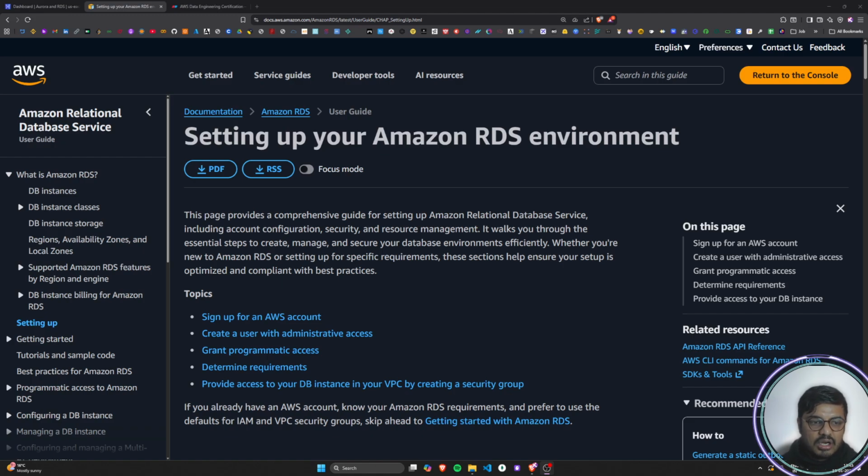And then we talked about the billing of our RDS instances, for what all factors and use cases I will be charged. I will be charged for my instance, for my storage, for my inbound and outbound traffic, and for my IOPS.